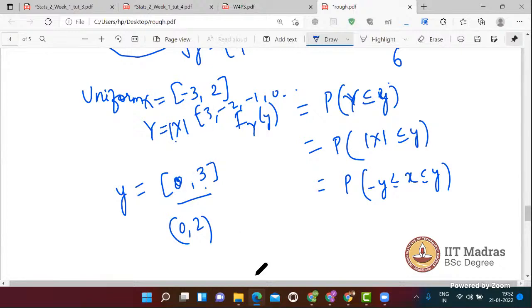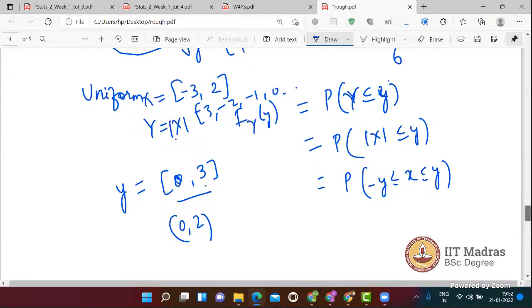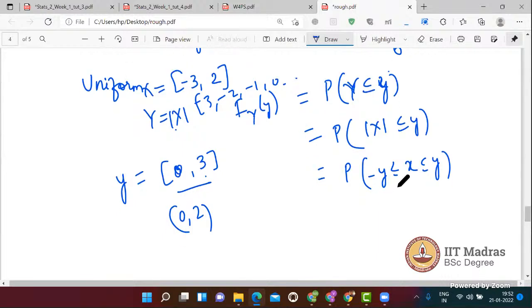So now what will you do here? 0 to 3 means minus 3 to 3.